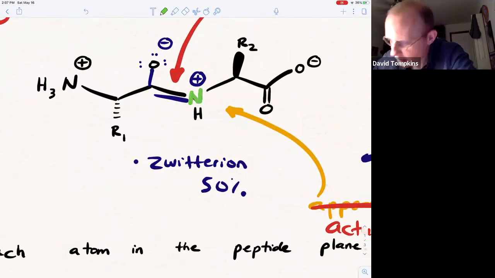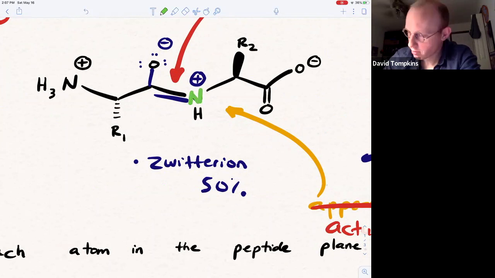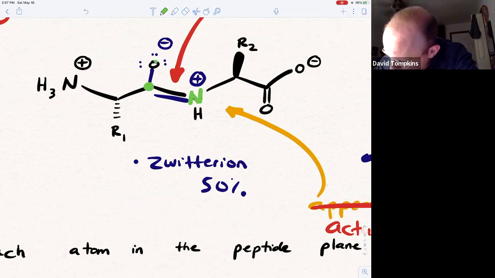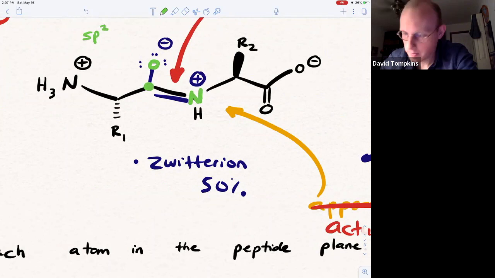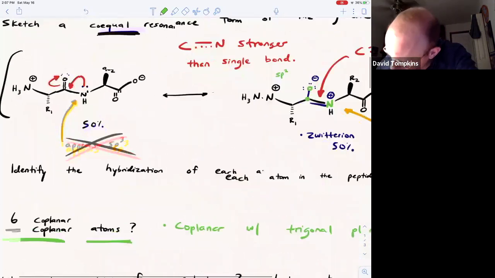We've just identified that as sp2, as it has a p orbital to develop a pi bond. This carbon here is sp2, it's also making a pi bond, and the oxygen made a pi bond in the other resonance form. So those are your sp2 hybridized atoms. I'll highlight them here as well.